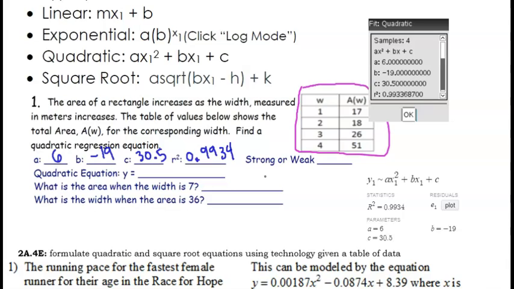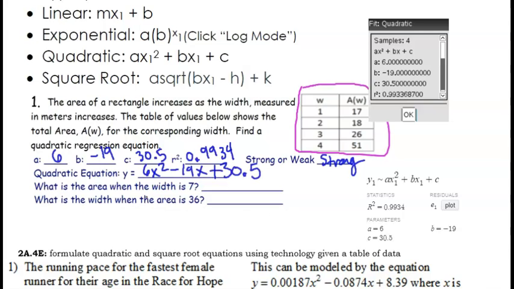Okay, it's very close to 1, so that's considered strong. But it's not perfect because it's not 1 here. So the quadratic equation would be y equals 6x squared minus 19x plus 30.5.